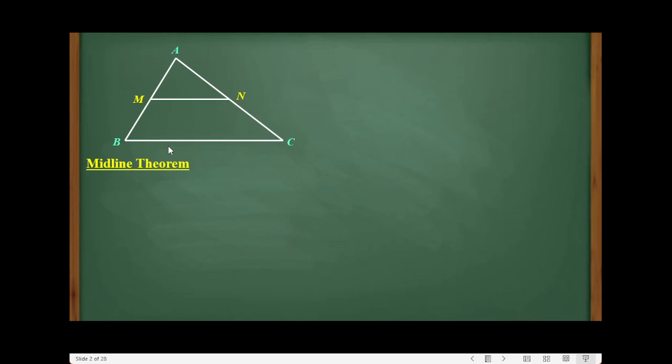Now, going back to midpoints M and N, you will notice that these two midpoints are connected by this segment. The name of the segment connecting those two midpoints is segment MN. And this segment is actually the midline, or in other reference material, it is also called the mid-segment. Okay?